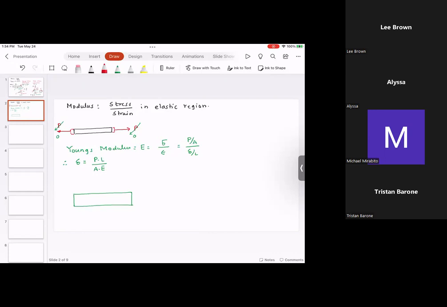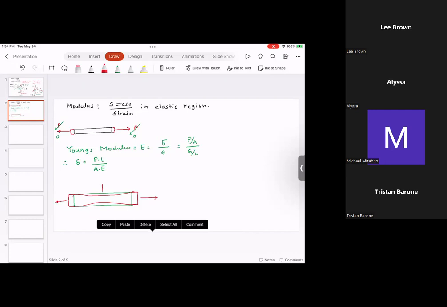In other words, for a solid rod, if you pull, you get stretch in the longitudinal direction and you get squeeze in the lateral direction.